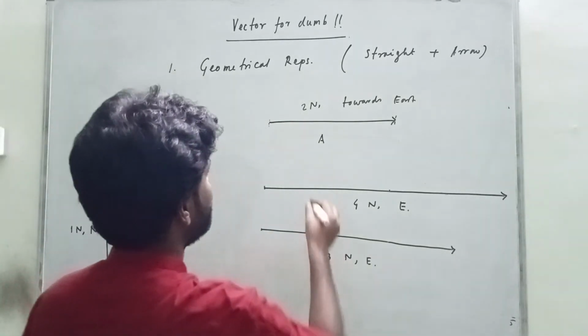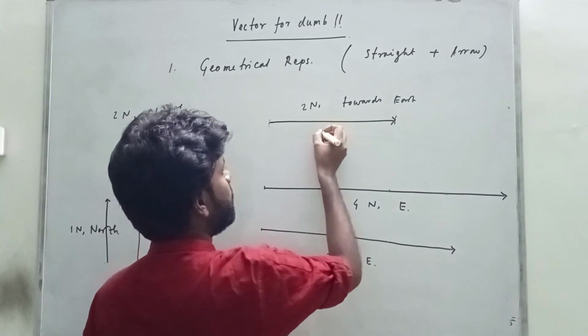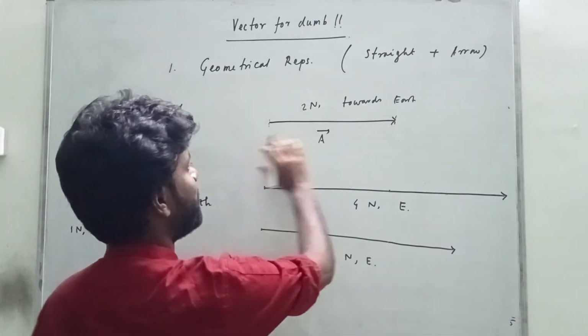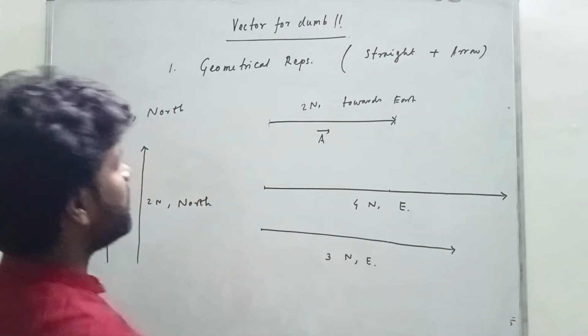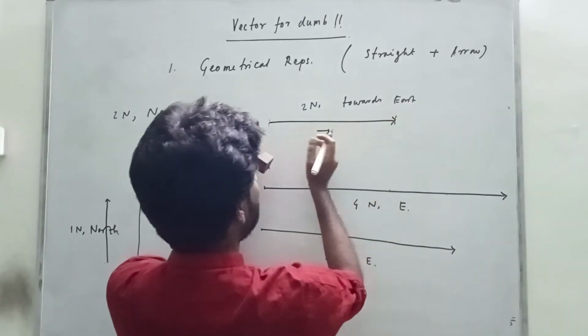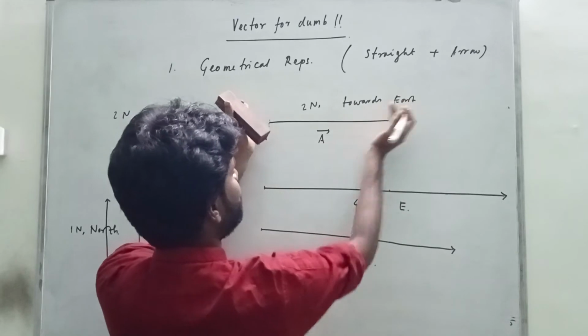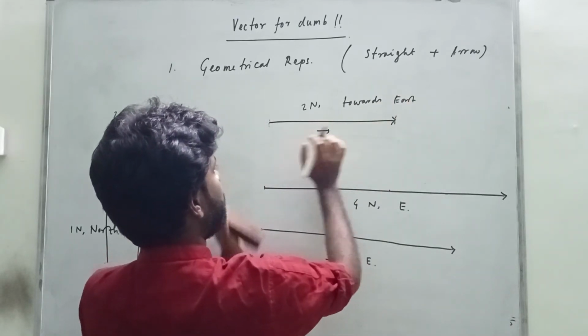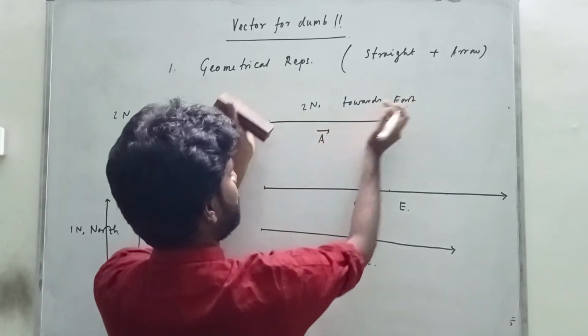So just put an arrow on the top of A. It represents a vector. So name it A and put an arrow on the top of A, so it completes the vector.